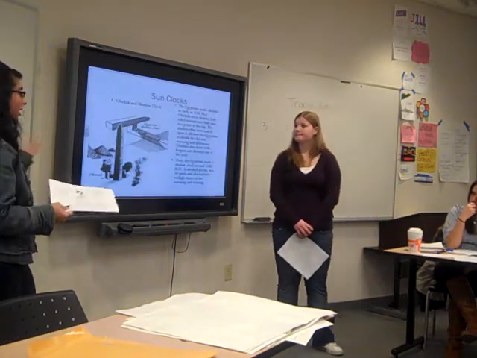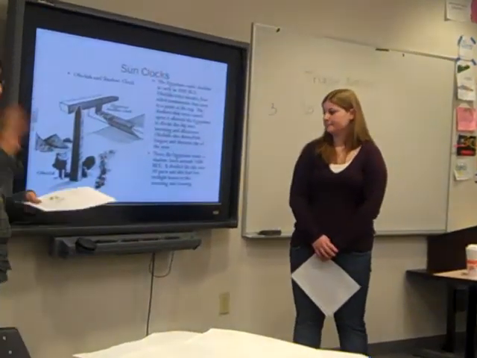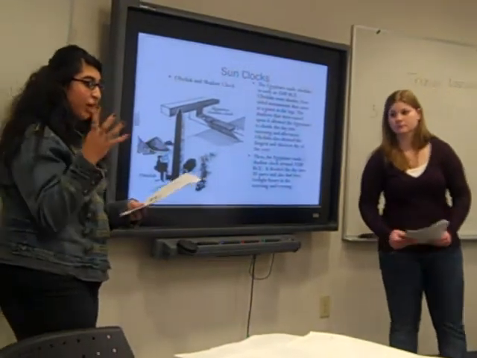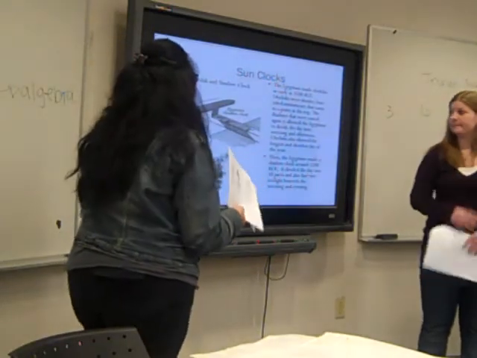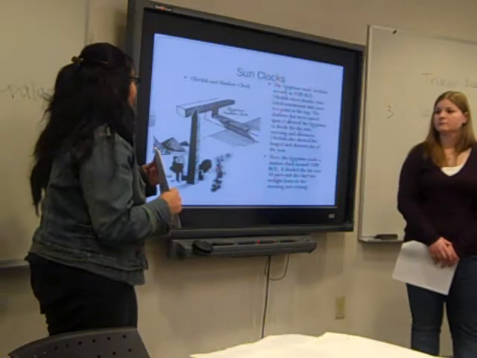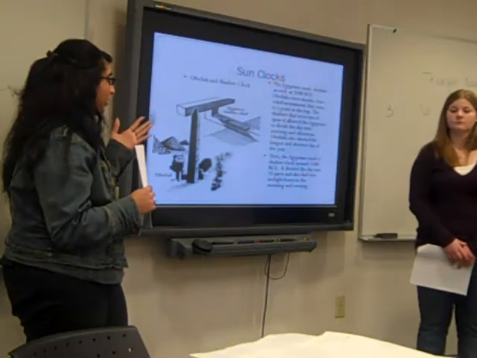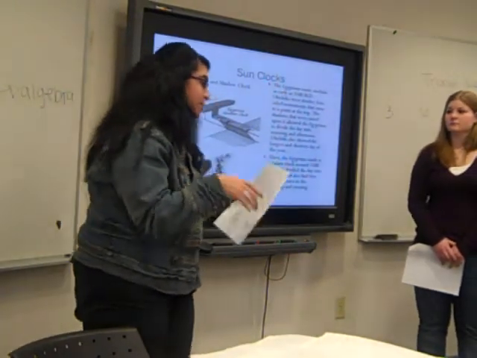So, as Catherine said before, the first things that people used to observe, they used to observe the celestial objects to calculate time and passage of time. So one of the first things was sun clocks, and what the Egyptians did, they did the obelisk and shadow clock in 3,500 BCE.